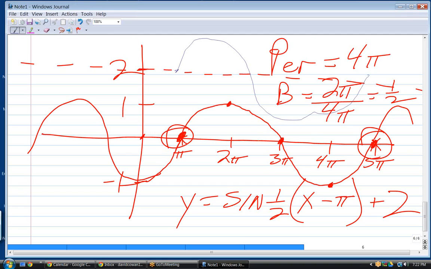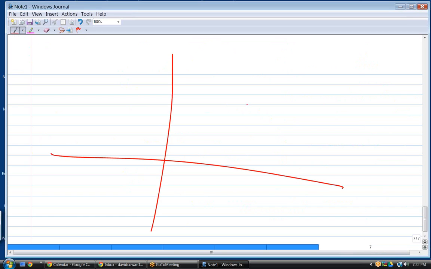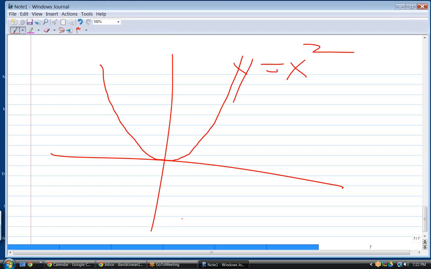So the only difference by having a D is that there is a vertical shift. Same as with any polynomial. In other words, this is no different than if I said, how do you graph y equals x squared? Well, that's this parabola with its vertex at the origin.